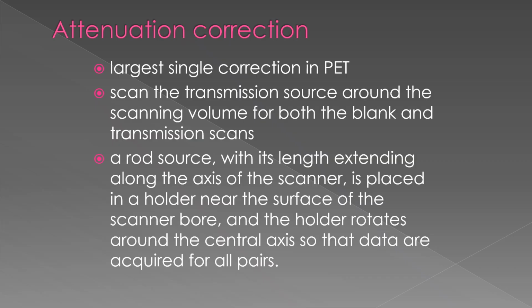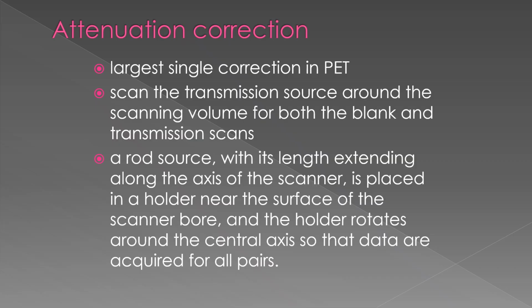This is a rod source with its length extending along the axis of the scanner. It's placed in a holder near the surface of the scanner bore, and the holder rotates around the central axis so that the data are acquired for all the pairs. This is something that the scanners will do automatically. They'll have a robotic arm. Those robotic arms break all the time.